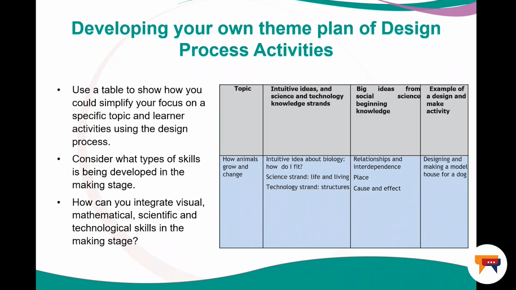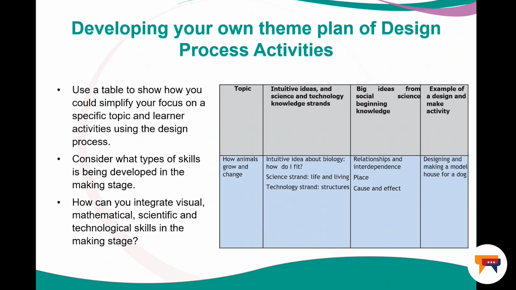The science trend would be life and living, and the technology trend is structures, because basically when you're building a doghouse, it would mean that you have to create a structure. And the big ideas from the social sciences would be relationship and interdependence, place, cause, and effect. An example of a design and make activity would be designing and making a model house for a dog.